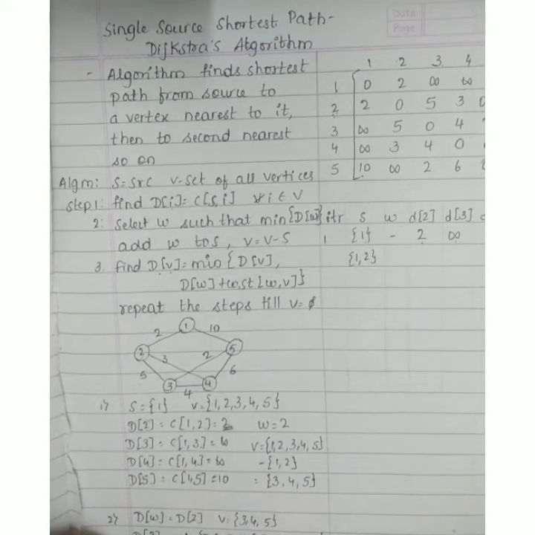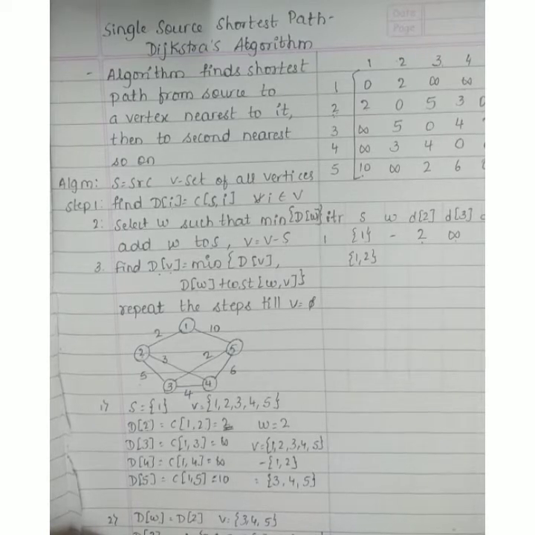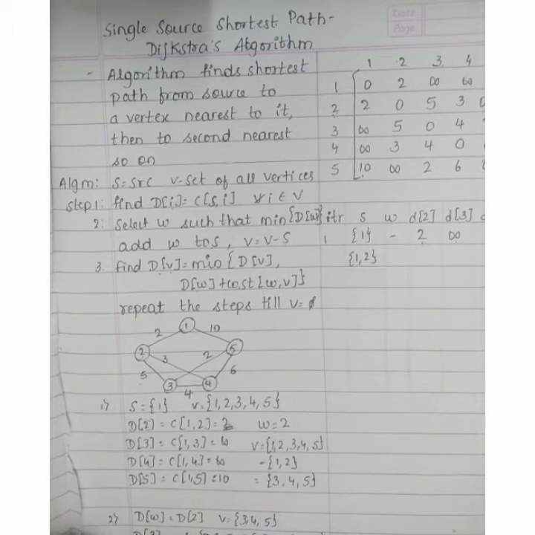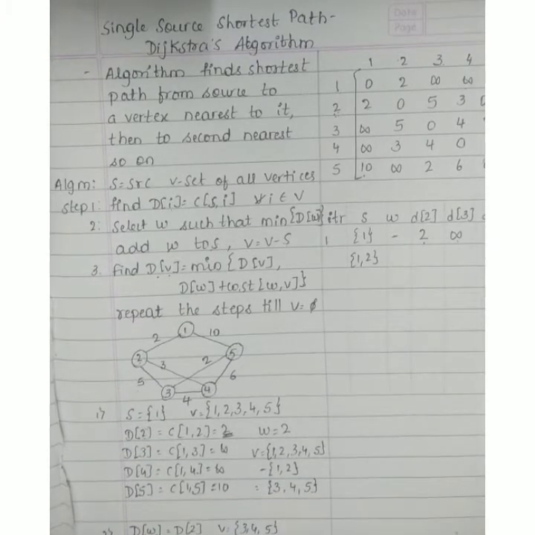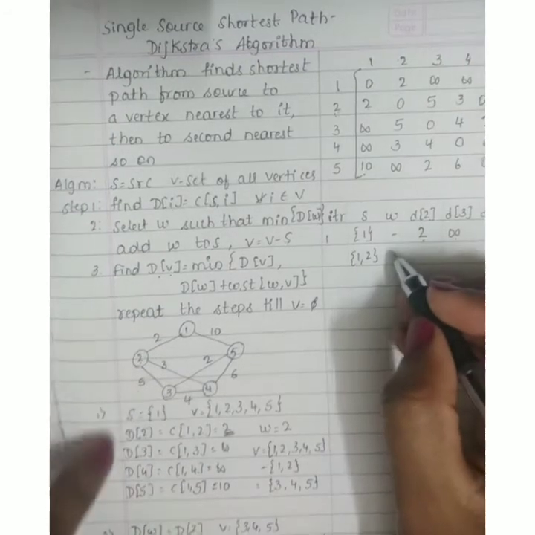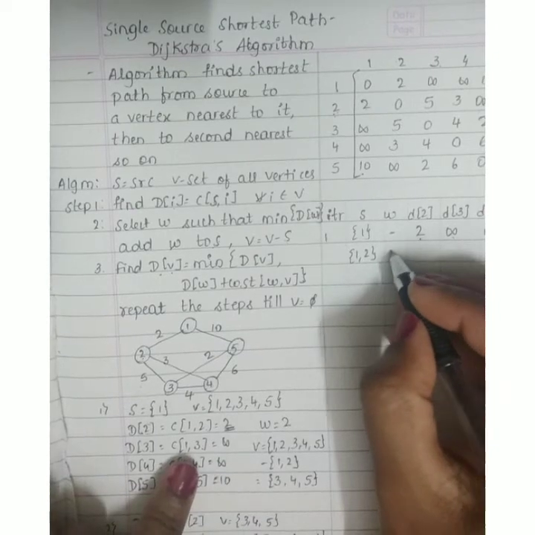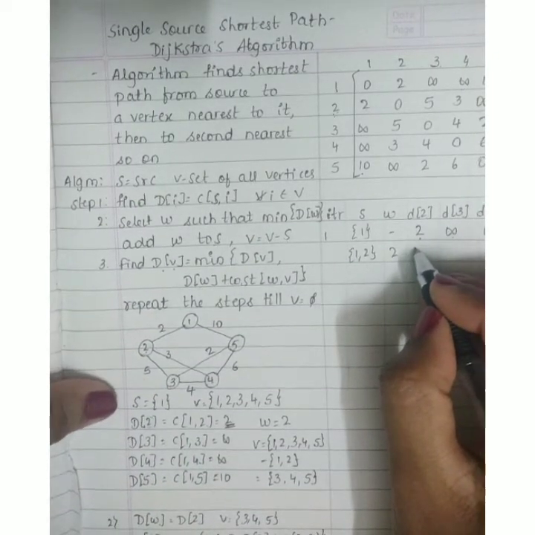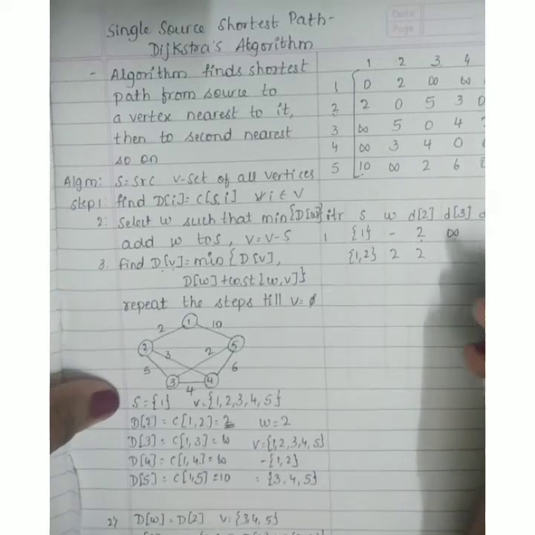So dW now is minimum of d3, d4 and d5. Which is minimum of d3, d4, d5? It is 5. So the node corresponding to it, w is 4. So we'll update this. Initially we found out w as 2 and this distance was 2.